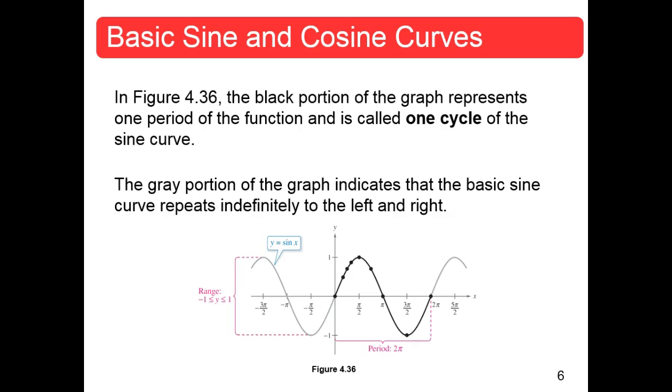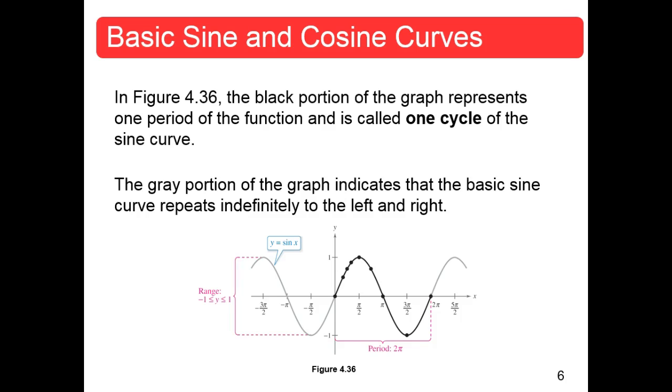Okay? Now, this figure here, the black portion represents one period. Now, we haven't defined, yes, we did. We talked about period before. One period of the function, also called one cycle of the sine curve. Okay?